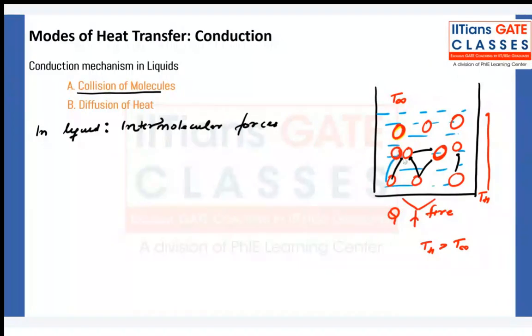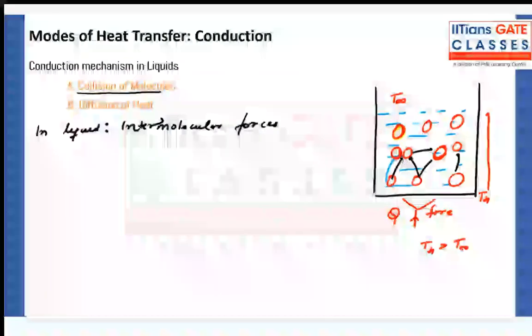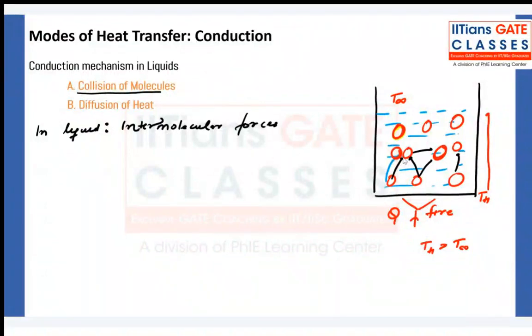Because of what? Because of intermolecular forces. So first of all, collision is happening because of the heat transfer, and then because of intermolecular forces, they are combined with each other. They will stay in physical contact with each other for some time.